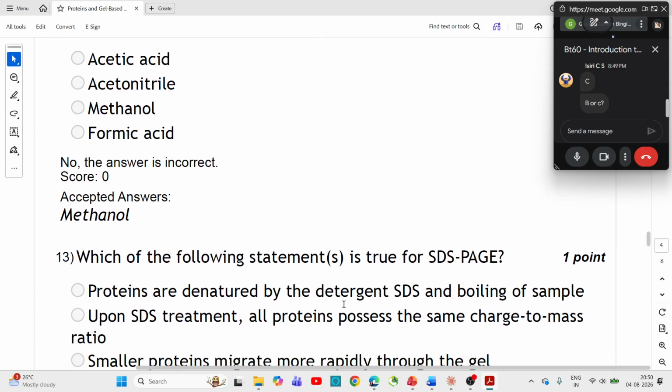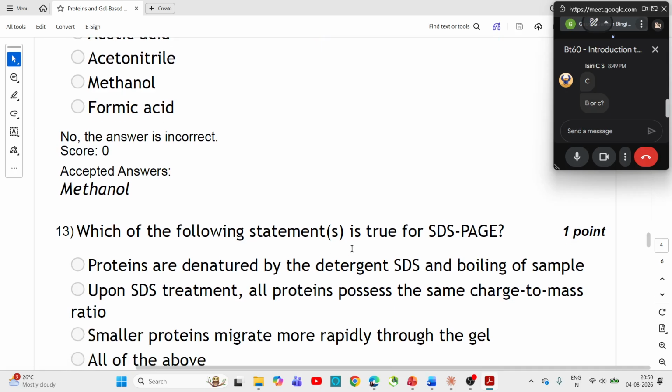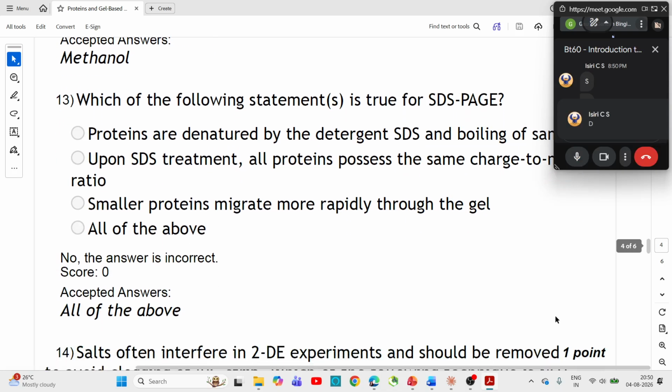Which of the following statements is true for SDS-PAGE? All of the above.